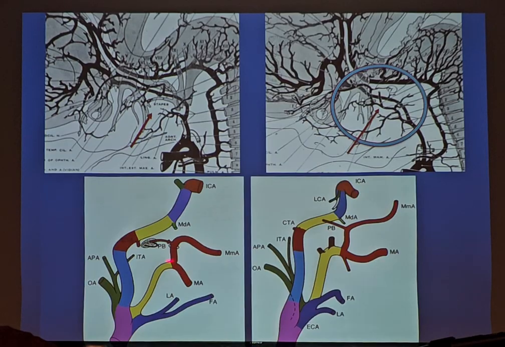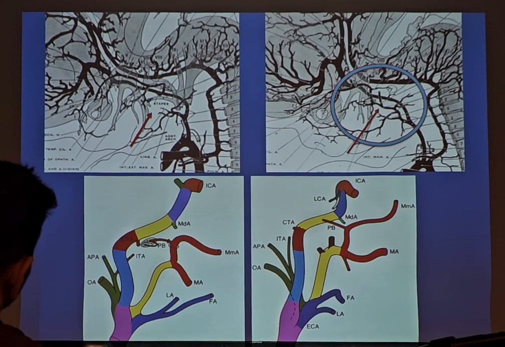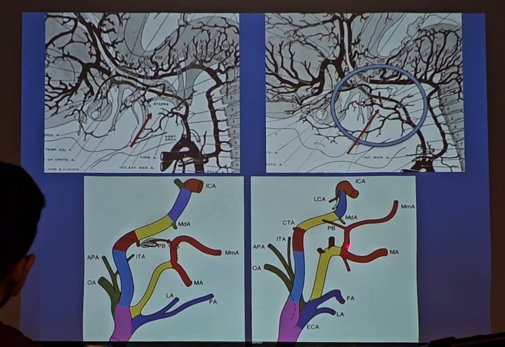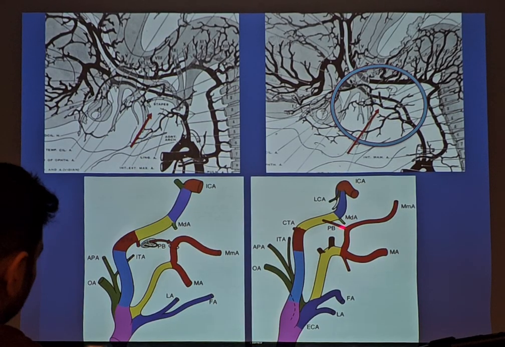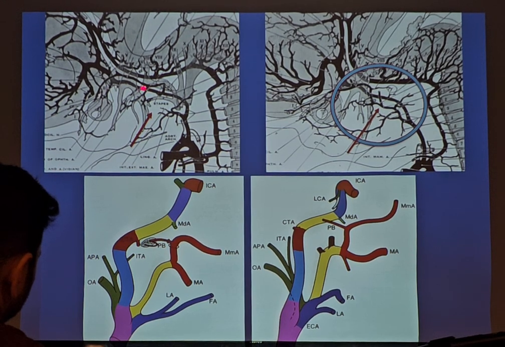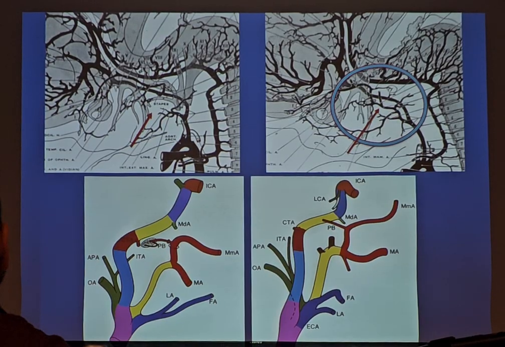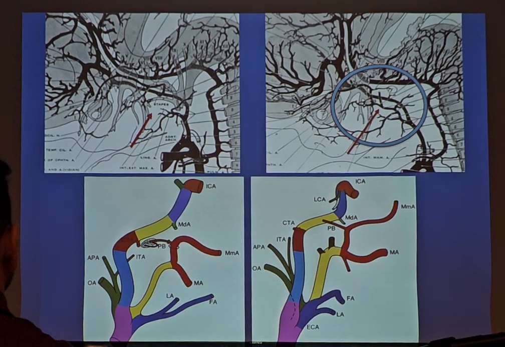So that portion regresses, just giving off the primitive caroticotympanic artery. The remaining intracranial portion remains as the middle meningeal artery. The extracranial portion, which was the maxillomandibular branch, becomes the internal maxillary artery. That's the main point of this topic.